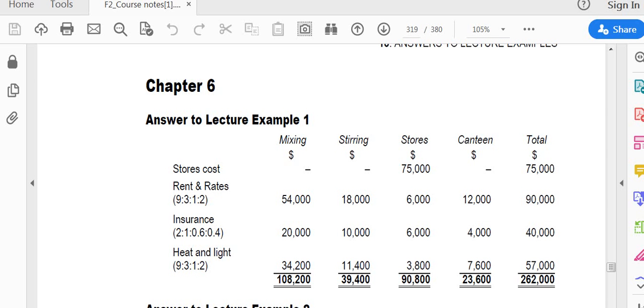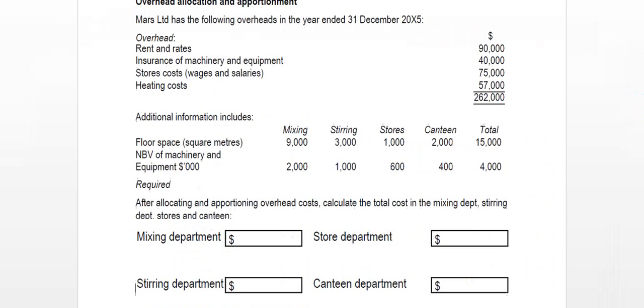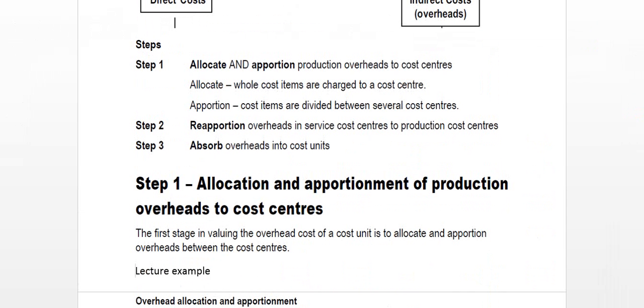That finishes step 1. So we've done the two steps in step 1. So we move to step 2. Step 2, what does it say? Step 2 is to reapportion overheads in service cost centers to production cost centers.